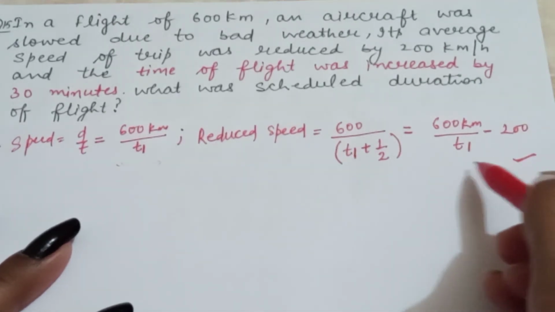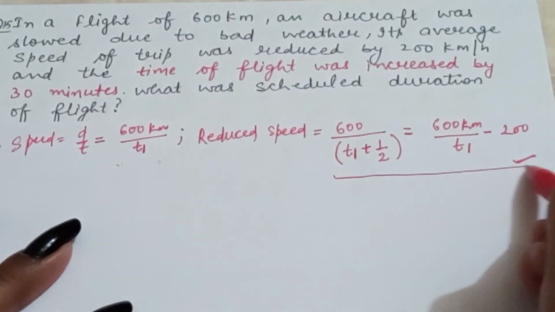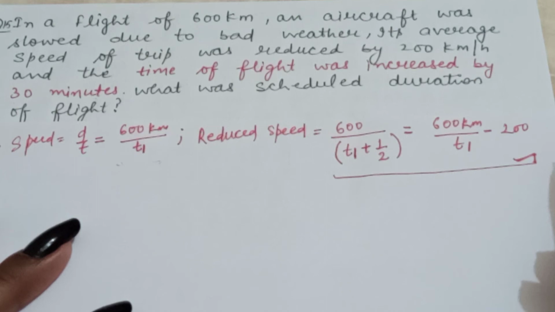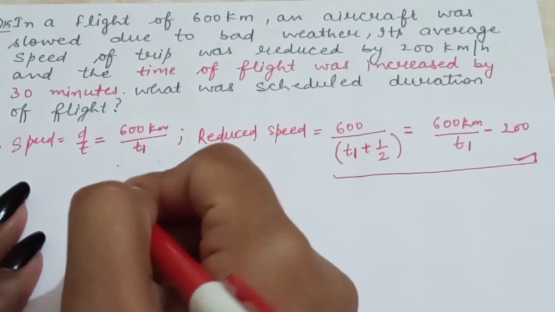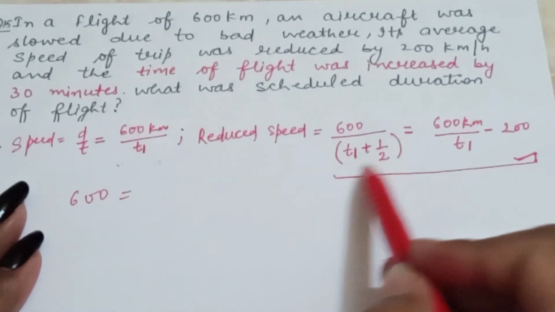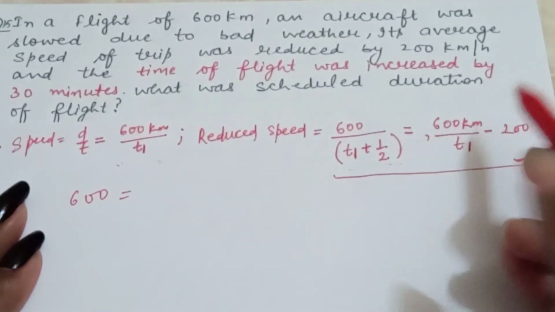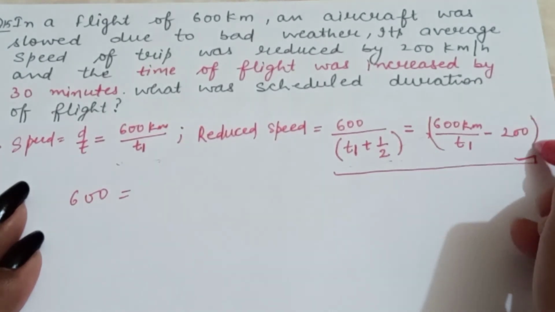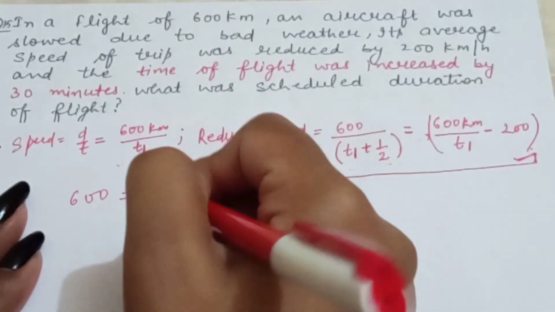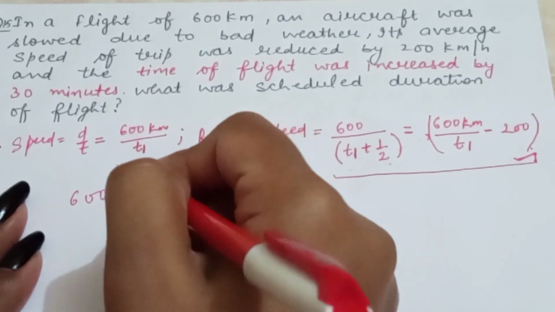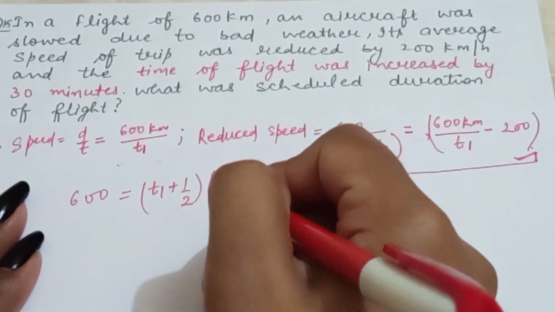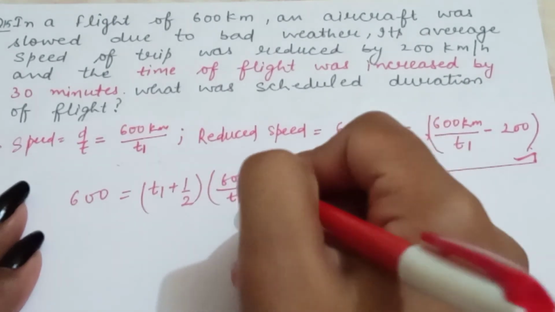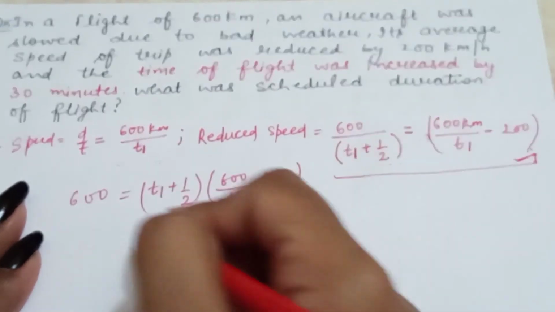So we will solve this equation, simplify this one. 600 is equal to, this term will cross multiply to this side. So t1 plus half multiplied by 600 upon t1 minus 200.